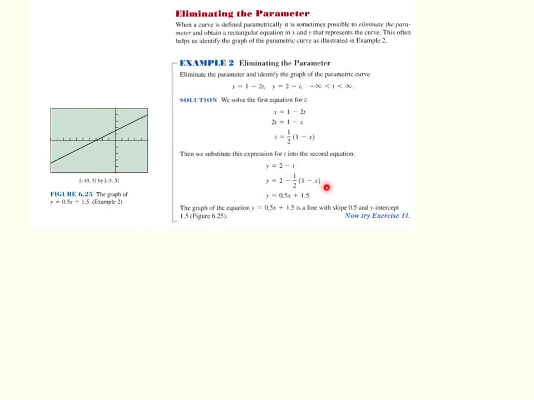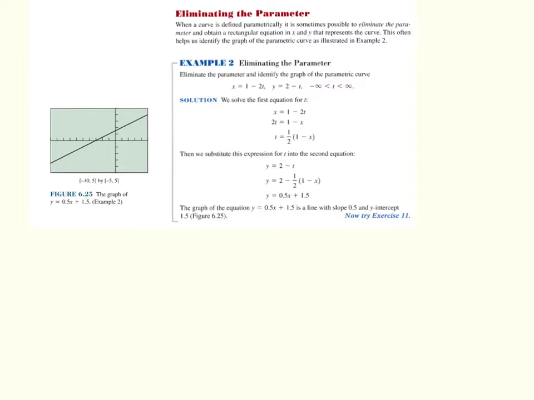So 2 minus 1/2 plus 1/2 x becomes 0.5x plus 1.5, and we now have the equation of a line, as you can see in the figure on the left, that came from this parametric equation. So this parametric equation and this equation in slope-intercept form are equivalent equations based on the interval -infinity to infinity.